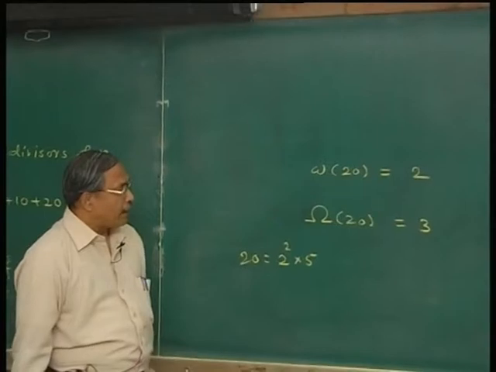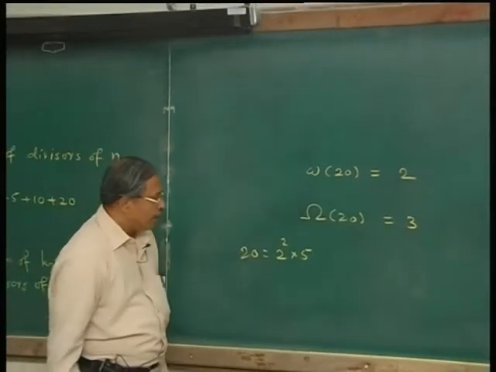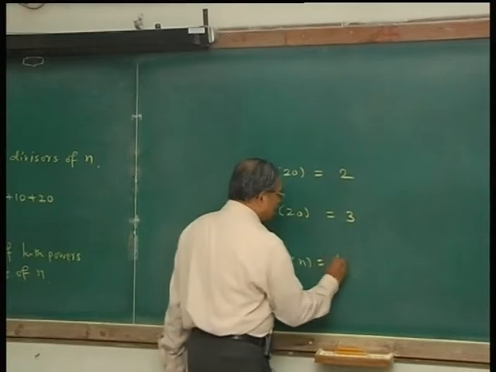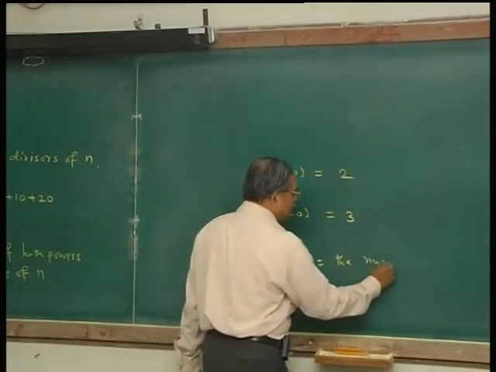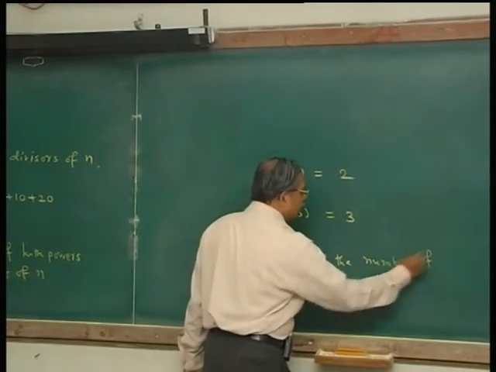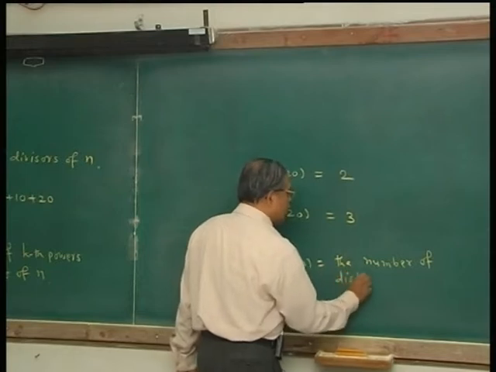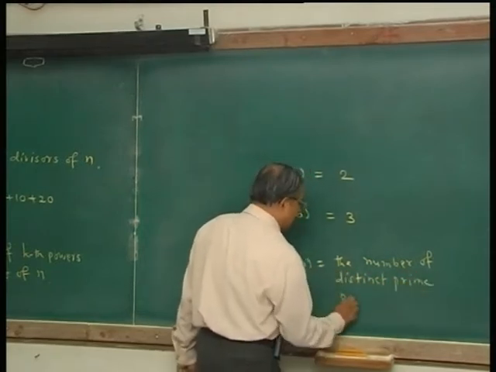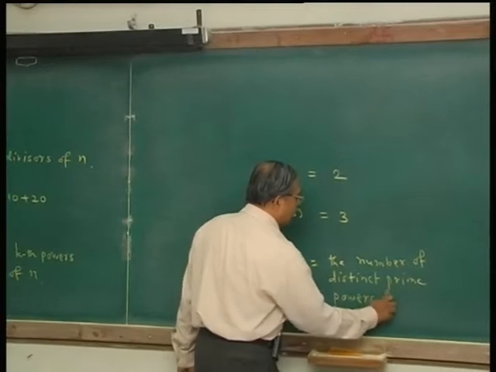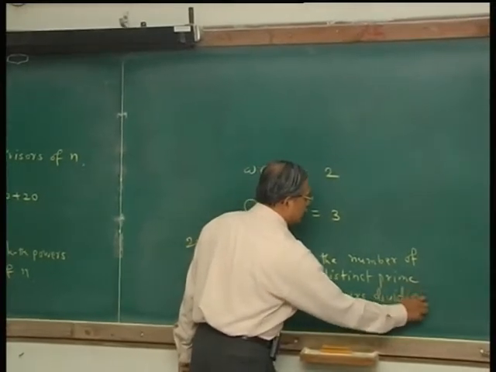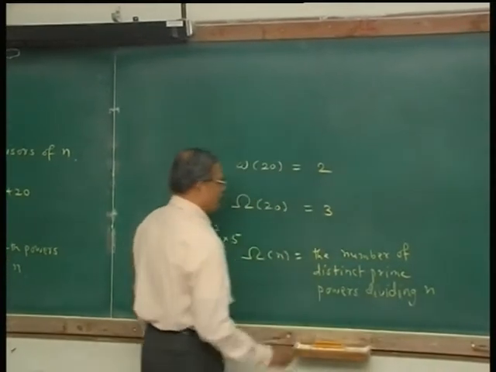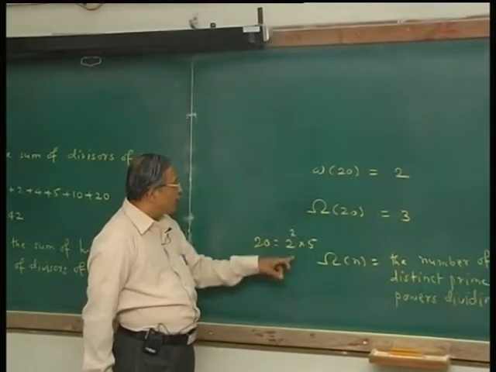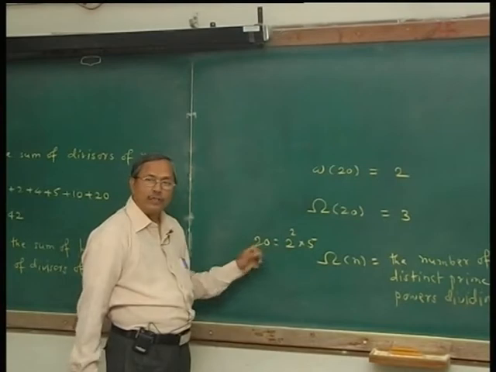We can interpret capital Omega in a different way also. Capital Omega of n, you can also think of as the number of distinct prime powers dividing n. Like 2 divides 20, 2 square divides 20 and 5 divides 20.